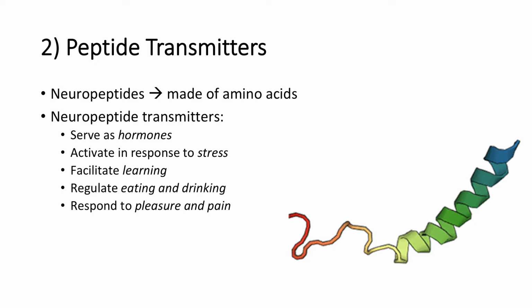They have a huge variety of functions. I only put a couple here, but they have more functions than this. They can, for example, serve as hormones. An example of that is the growth hormone. They are also active in response to stress, for example, corticotropin. They facilitate learning.